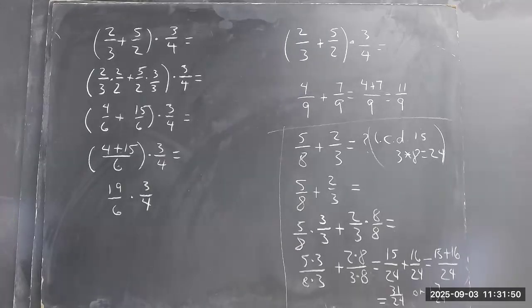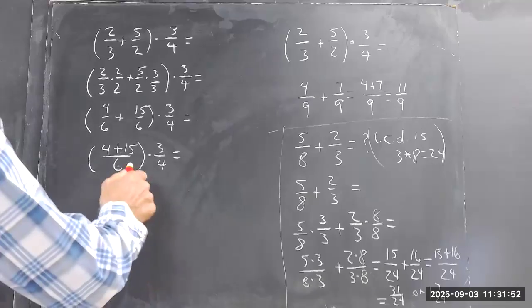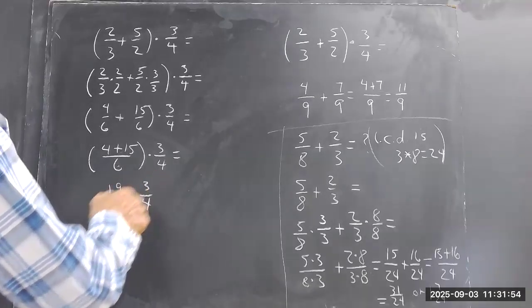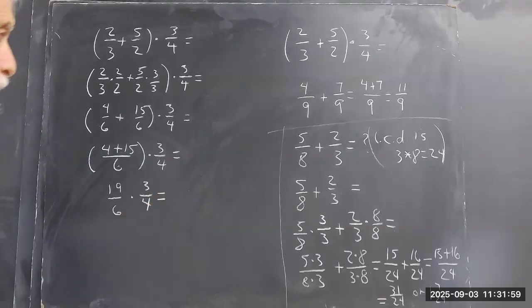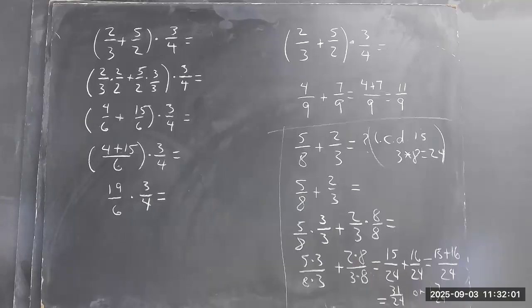Okay. Now you've got this thing that allows you to cross out the 3 and cross out the 6 and write a 1 here and a 2 here. I really don't like that very much because people tend to do something sort of like that when it doesn't apply. But if you're doing it right, that's fine.